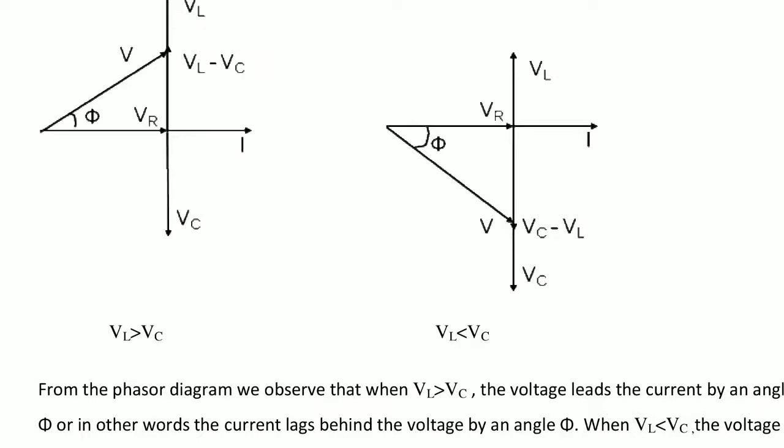In the first case, the phasor diagram is on the upward side, VL minus VC. Here in the second case, the phasor is VC minus VL, on the downward side.